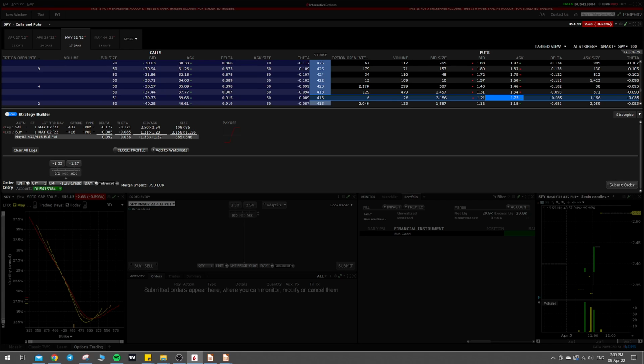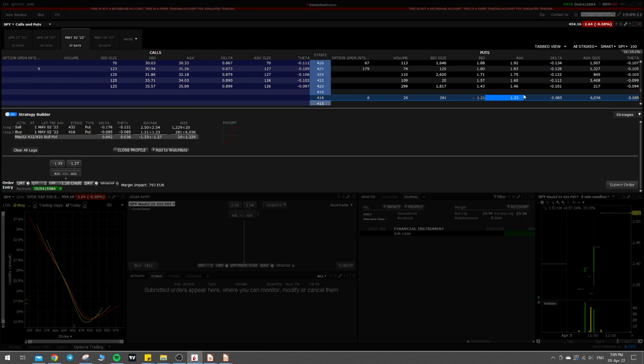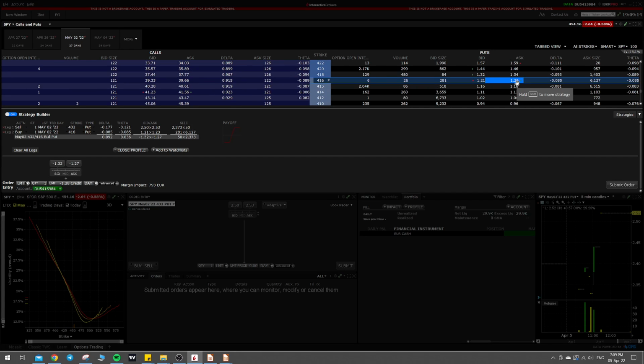So you can see that we are going to get the initial credit, and this initial credit is calculated from the bid price of the sell, which is 2.50, minus the ask price of the buy, which is 1.23. So in this case, it's going to be 1.32 approximately. And this 1.32 is going to be the credit that we receive in our bank if we are profitable.